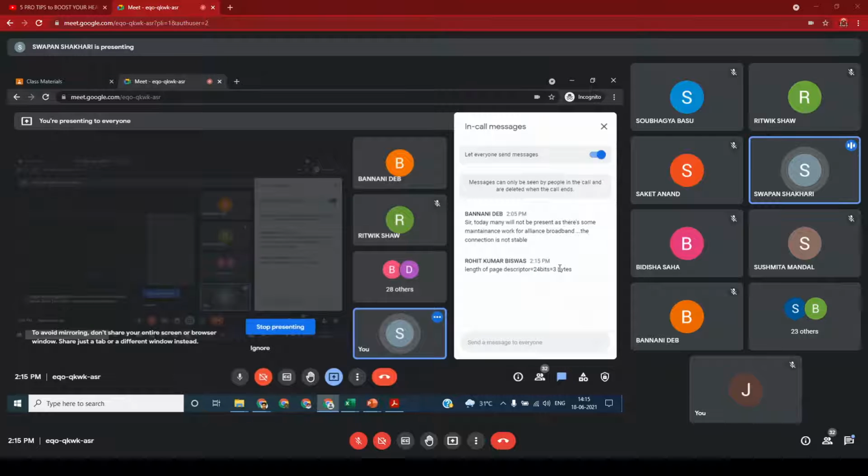Okay, Rohit Kumar is saying it is 24 bits. Okay. Any other answer?